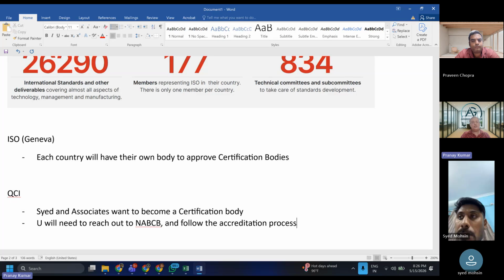If you are chosen, your company becomes a certification body for that particular international standard, which means you are now allowed to conduct audits and issue certificates. Fair? Yes. Thought is clear?